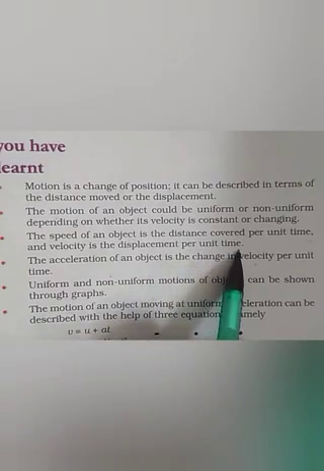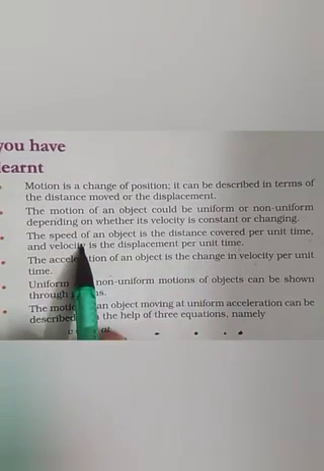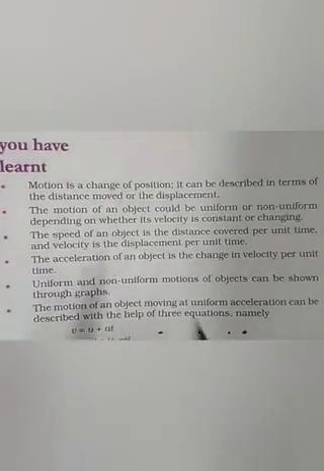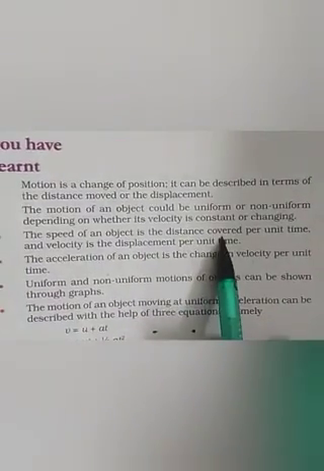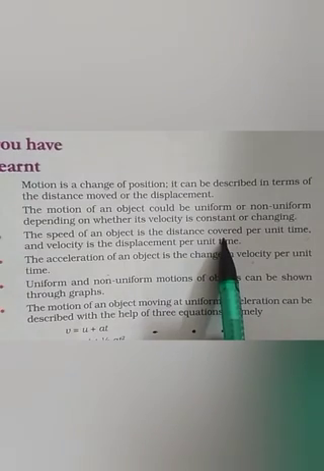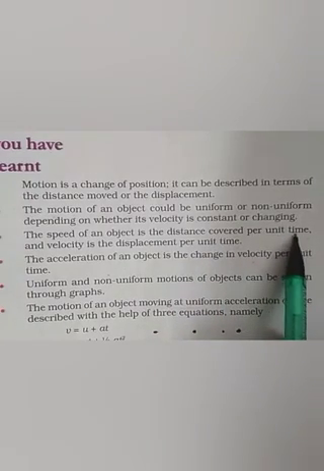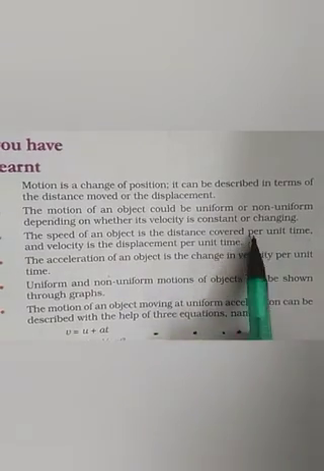So what is speed? Whatever distance we cover, like we take a cycle and we go to school from our house, that distance is fixed, but the time can change. Sometimes if we get tired and ride slowly, we will reach late.